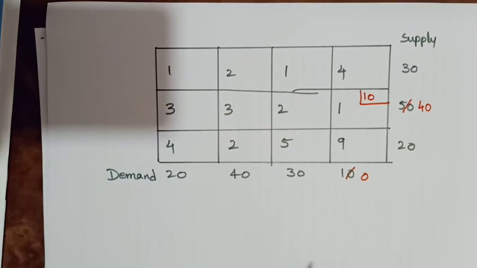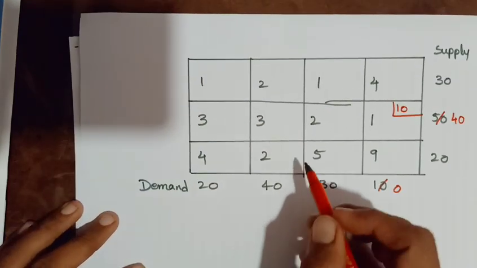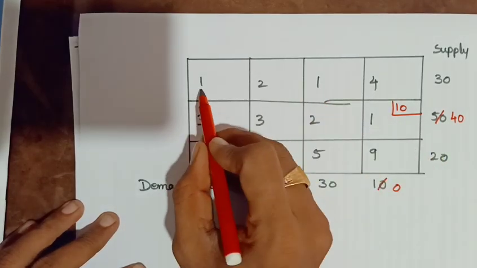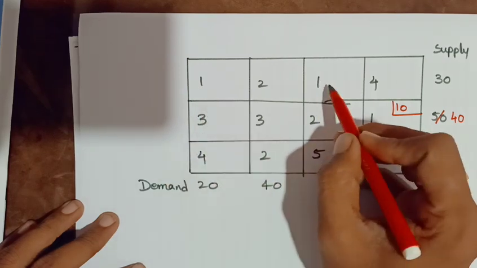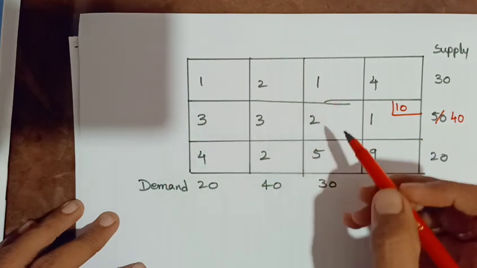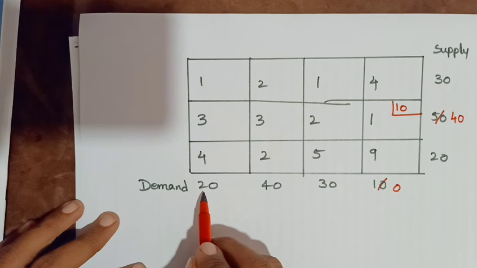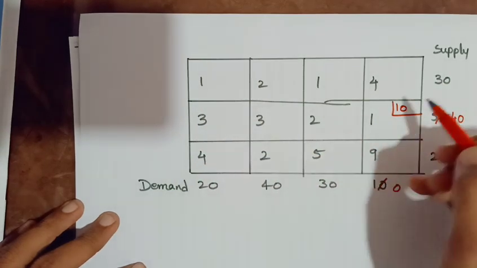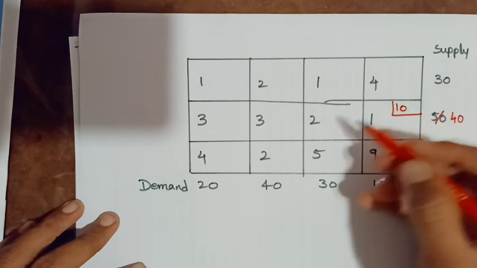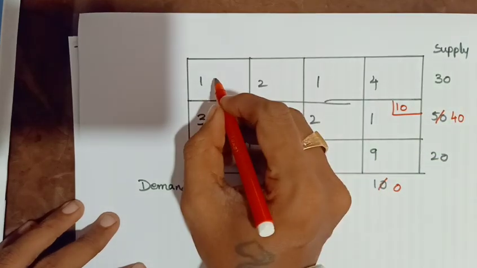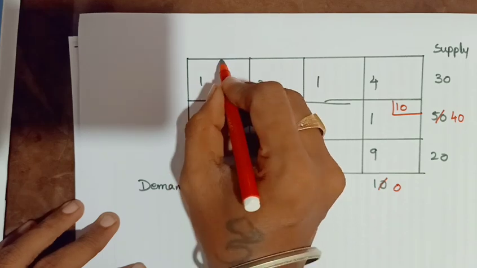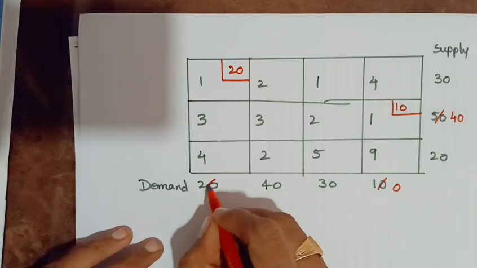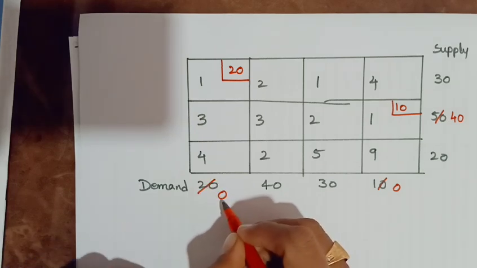So as pointed out, the unallocated minimum value, if we observe, we have 1 in this cell and here we have 1. But to allocate the minimum, if we observe demand here it is 20 and supply here is 20. So we can allocate this 20 in this particular cell. So allocating 20, this 20 gets cancelled.